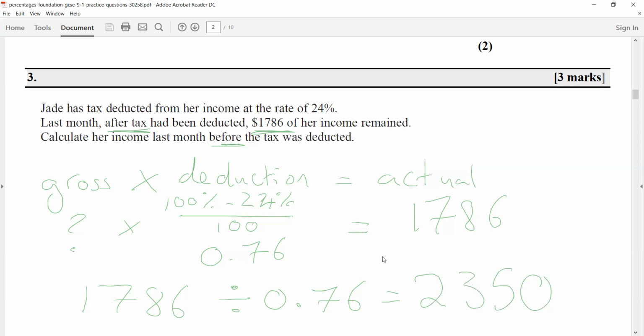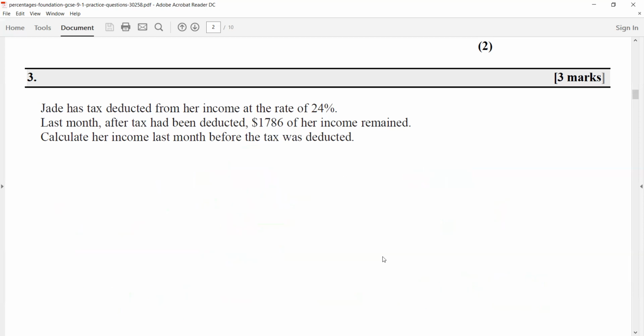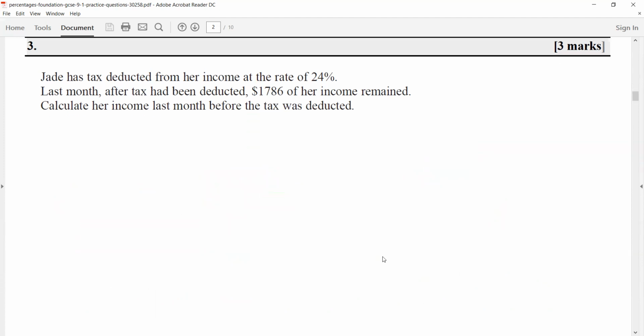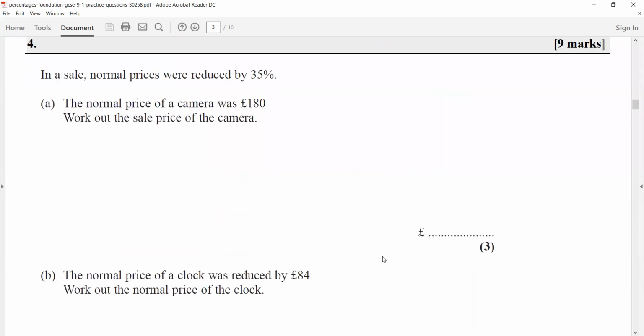Okay, right, let's see what else there is and if there's anything else that's different. Okay, in a sale, normal prices were reduced by 35%. So that's just a reduction. So if we look at this, this is a percentage decrease. So everything starts with 100%.